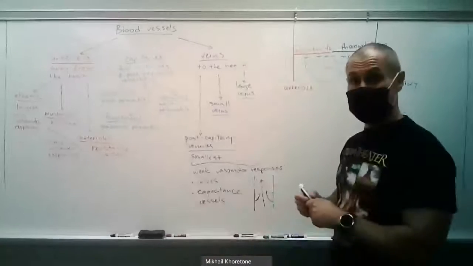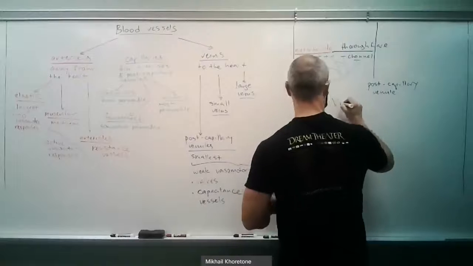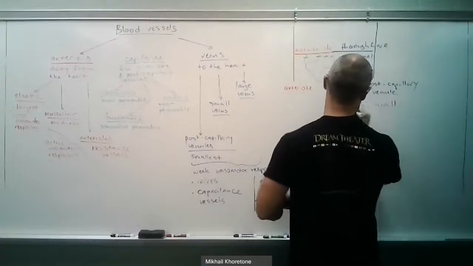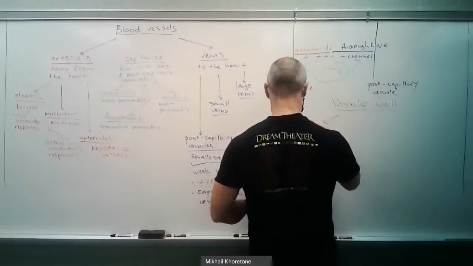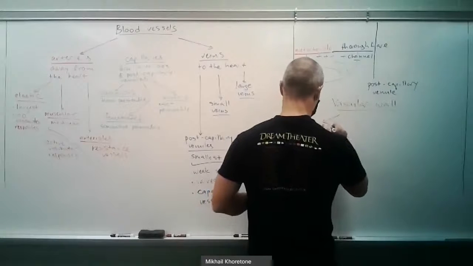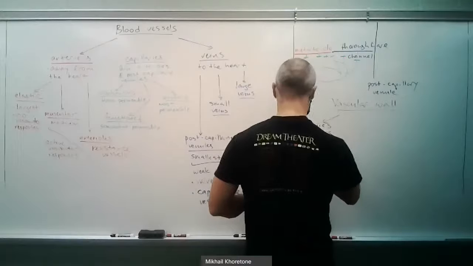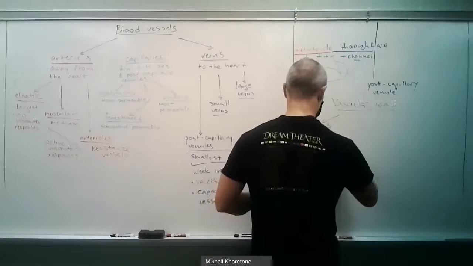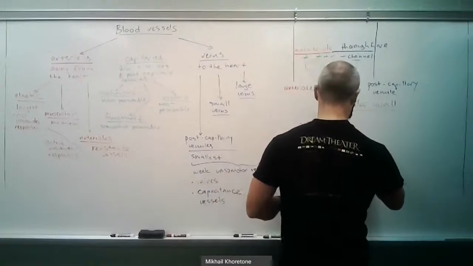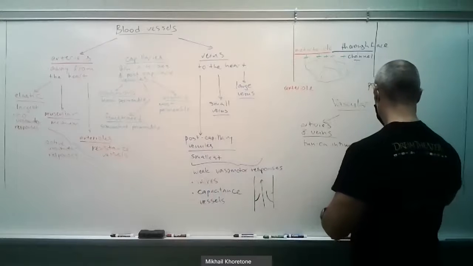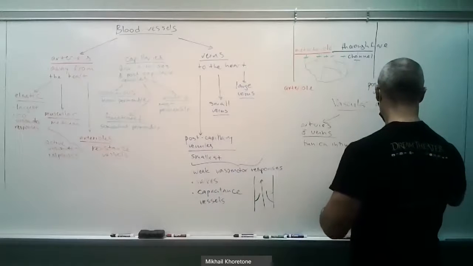So the structure of the vascular wall. Arteries and veins. Tunica intima, which is endothelium.